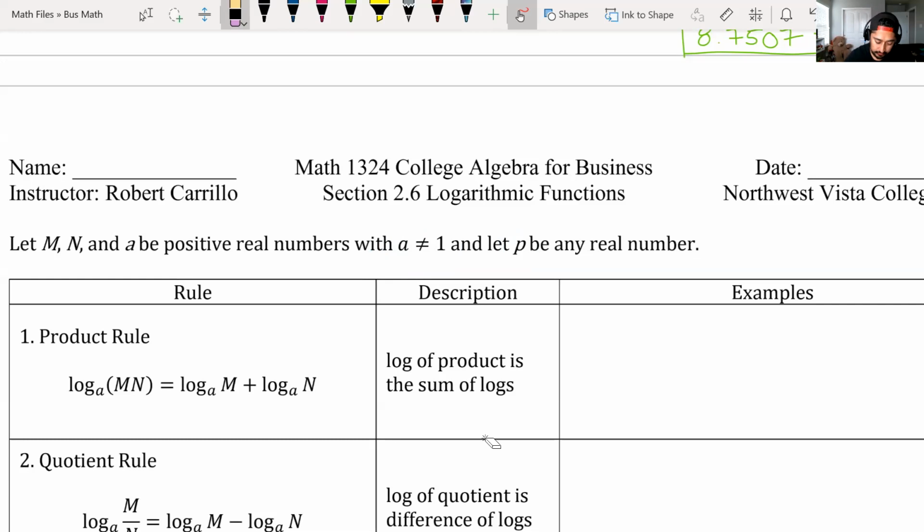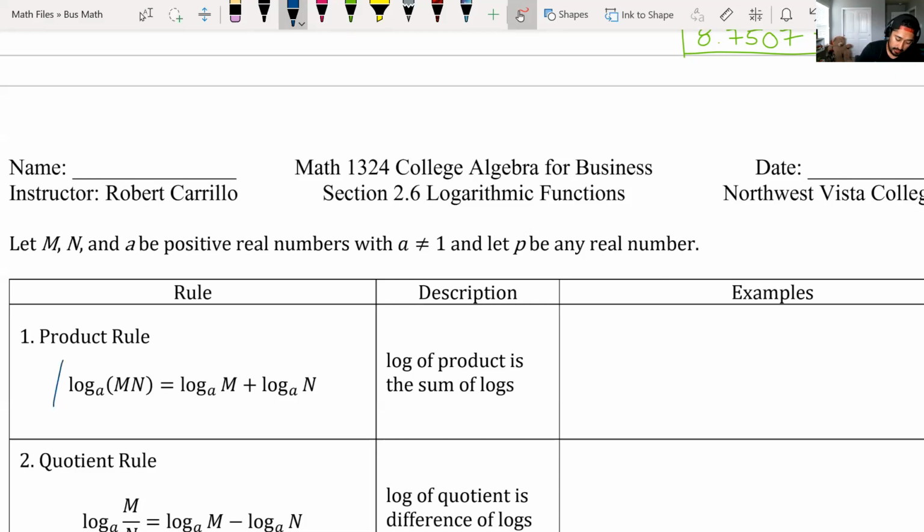Okay. So first rule is the product rule for logs. I guess before we get into all of these, the reason we have these new properties is to make log calculation a little easier. So these rules allow us to expand logs into multiple terms or condense logs into one single term, making their calculation easier. And the first rule is product rule.